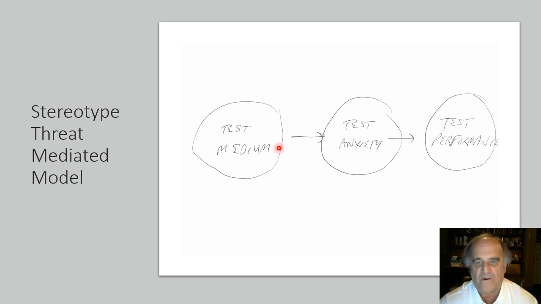And we know, or at least hope, that in our study test medium will affect test performance. And now what we do is insert this mediating variable that we also measure. And so, for example, maybe we give a test of test anxiety because we're arguing that the mediator between test medium and test performance is test anxiety.